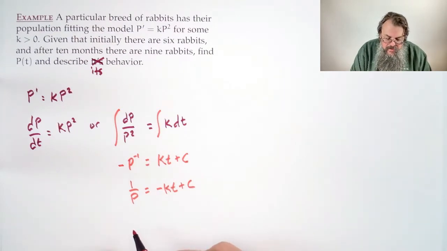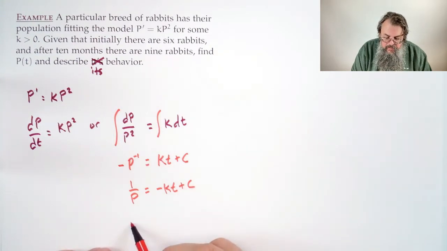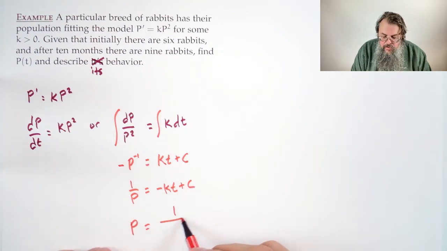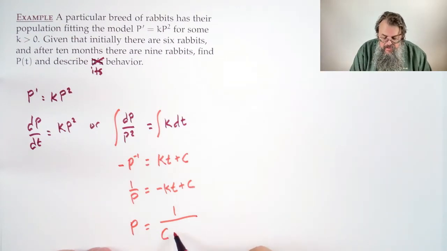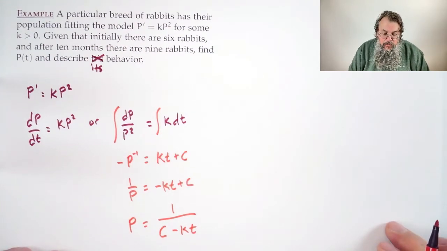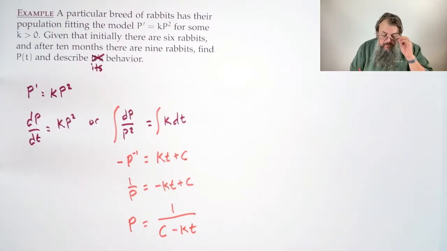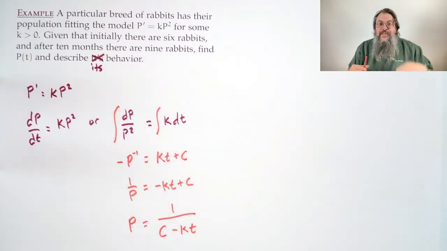So that tells us that, lo and behold, our population behaves like 1 over, because we just need to flip both sides to get p, all right, as c minus kt. Now, what do we have? Well, we have some information. We have 2 pieces of information. Well, that's good because we have 2 things we don't know, c and k. So between them, we should be able to figure out what's going on.